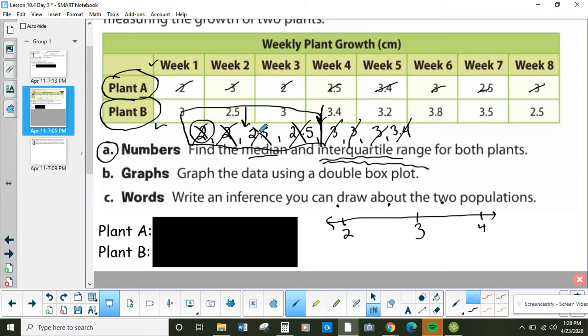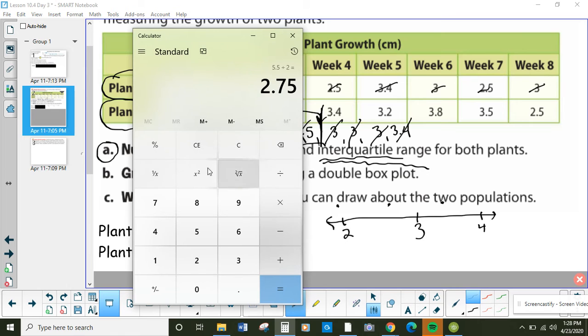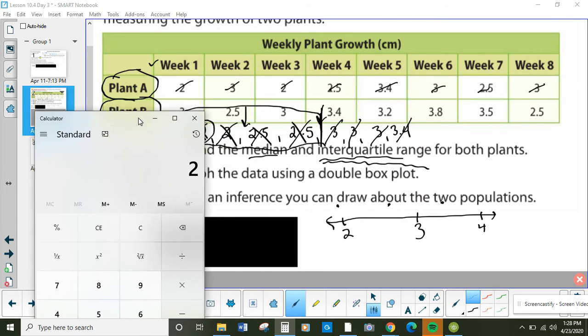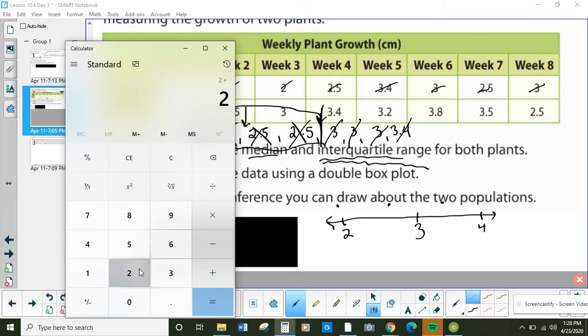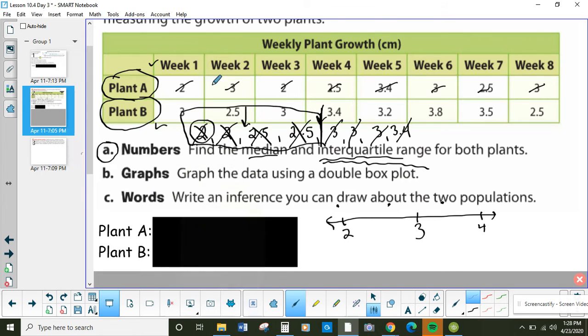So I have to take these two middle numbers to get that first quartile. You would take those two and add them up and divide by 2, and you get 2.25. So that first quartile is right there. This is your first quartile.